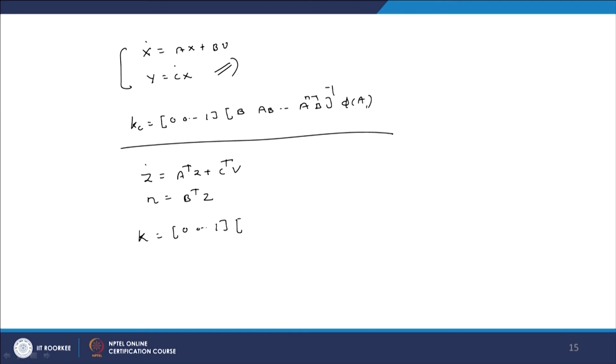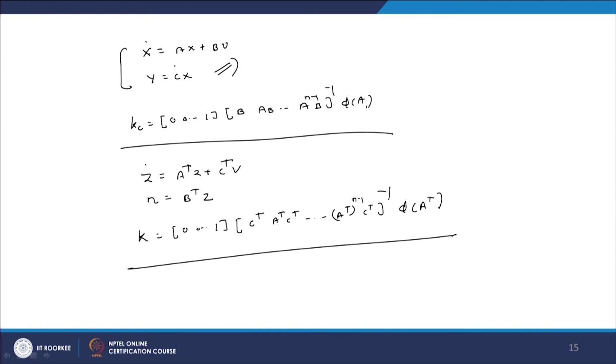The B is changed to C transpose and A is changed to A transpose, so we get the inverse of [C transpose, A transpose C transpose, up to A transpose raised to n minus 1 C transpose] into phi of A transpose. This is the controller. Now our Ke is nothing but K transpose, because the actual observer controller is Ke.